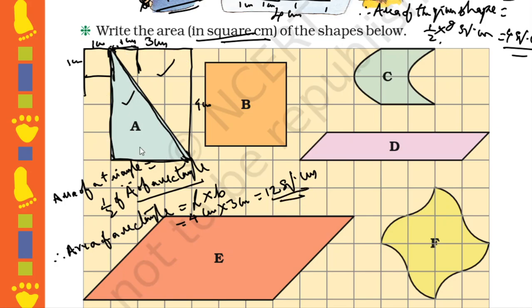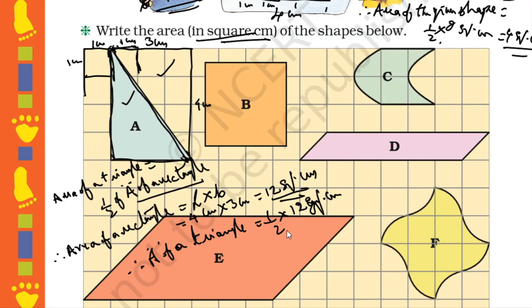Out of this, we have to find the half of this rectangle. This is the triangle. Therefore, the area of a triangle is equal to half of the area of the rectangle. The area of the rectangle is 12 square centimeters.